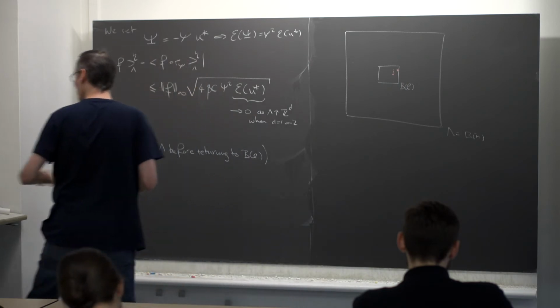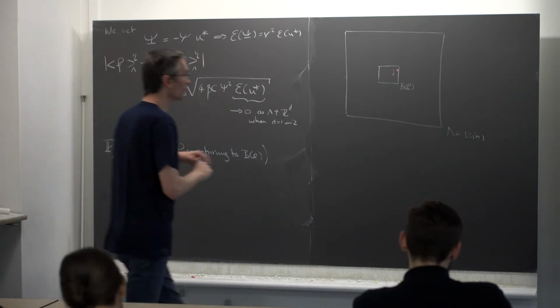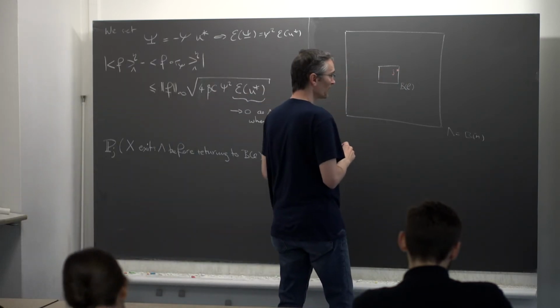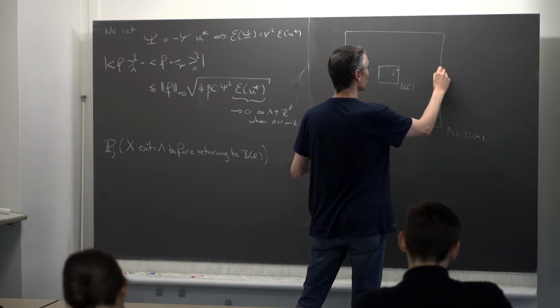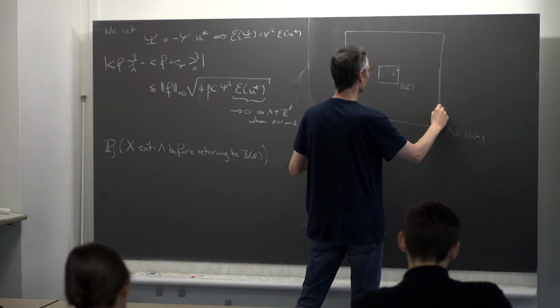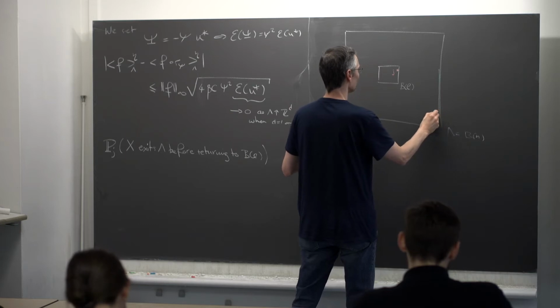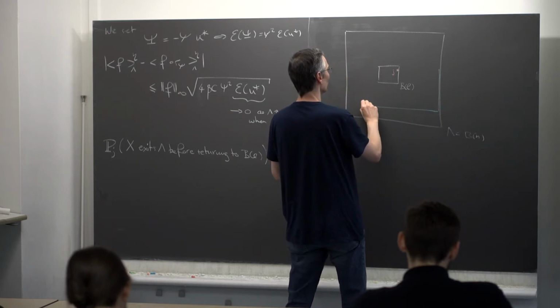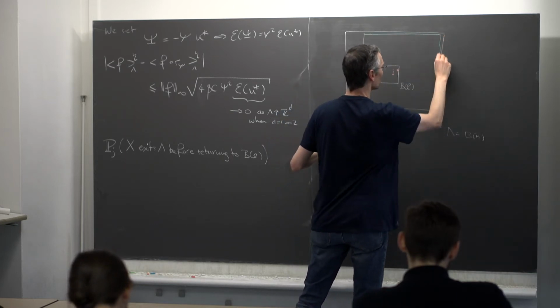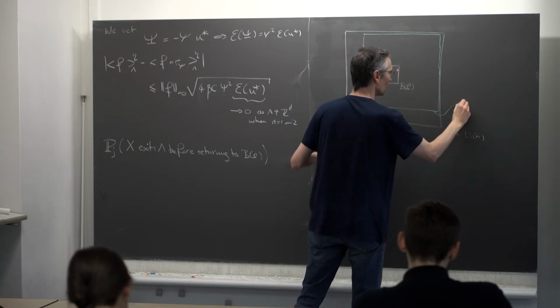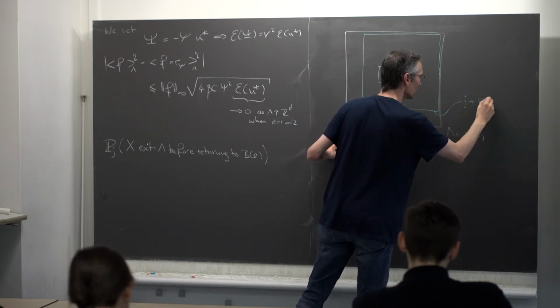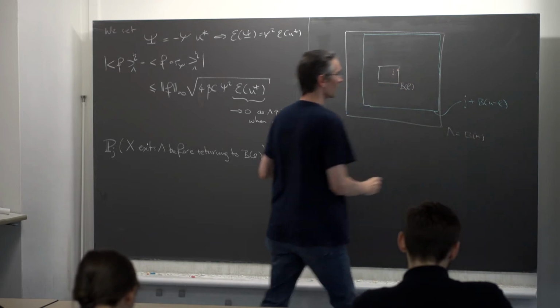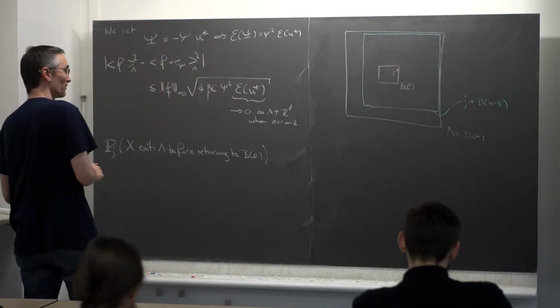And what I'm going to do is center at j a box of radius n minus L. So it will be a box, something like that. Okay. The picture will be bad, but hopefully it's clear enough. So this is the box j plus B_{n-L}. In particular, it's a subset of the original box B_n.